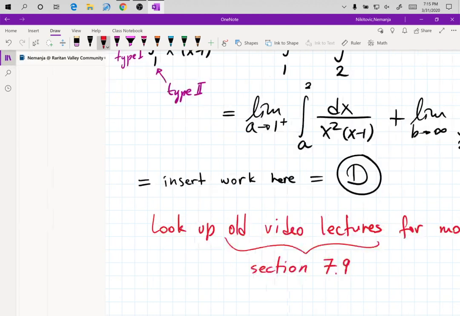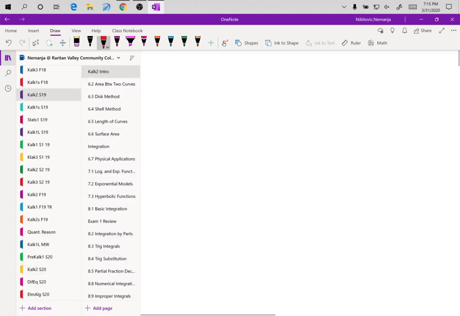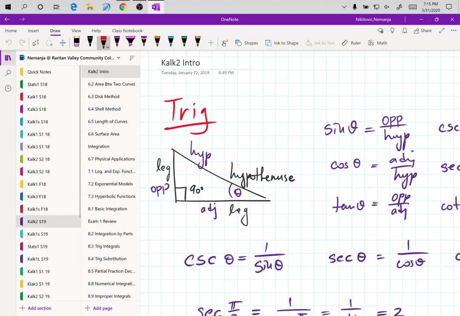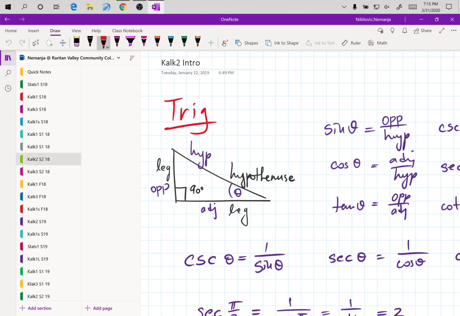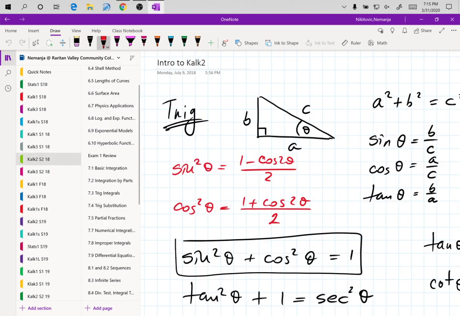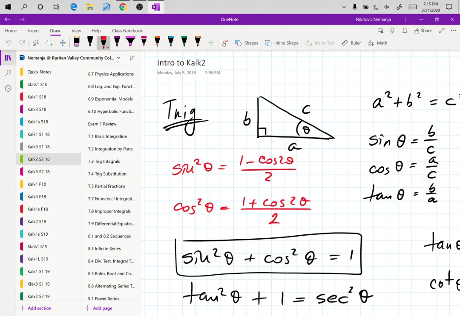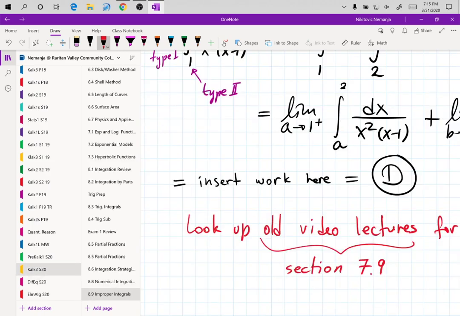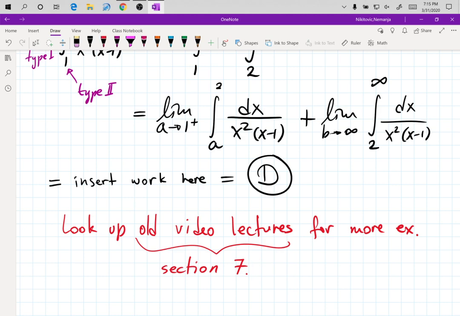I can probably go to one of the old Calc 2s. Let's see. Yes, 7.8. There we go. So 7.8, you will be searching 7.8 on my channel, Improper Integrals, for more examples and more instruction on this one.